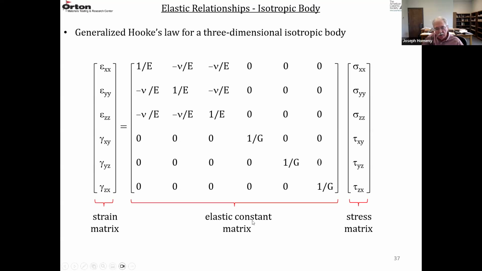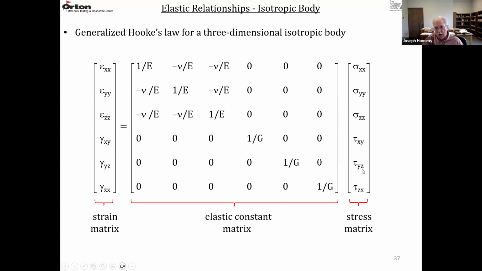And then you can combine all of that to get the generalized Hooke's law for the isotropic body. So here's your strain matrix, your normal strains, your shear strains. Here's your stress matrix, the normal stresses and the shear stresses. And then here's your elastic constant matrix, where you have Poisson's ratio, Young's elastic modulus, and the shear modulus.